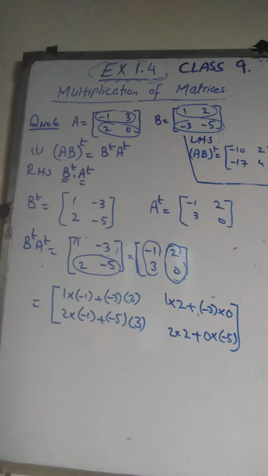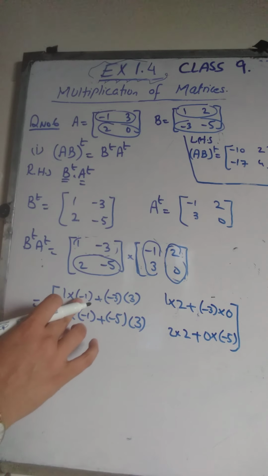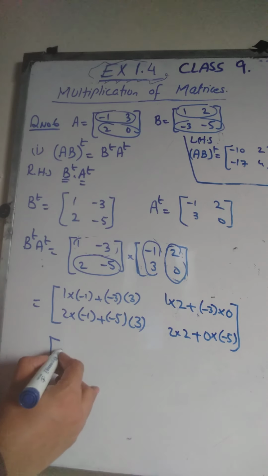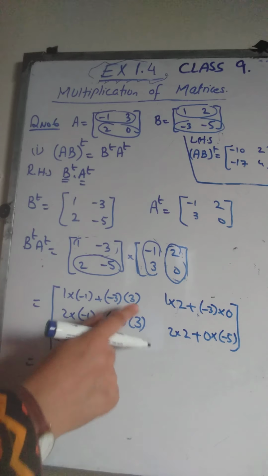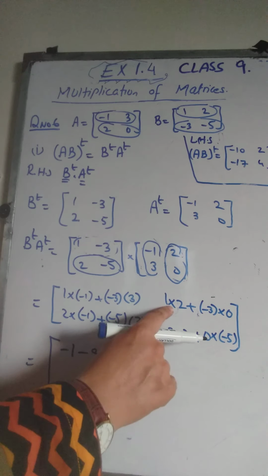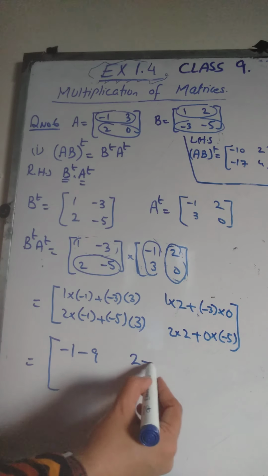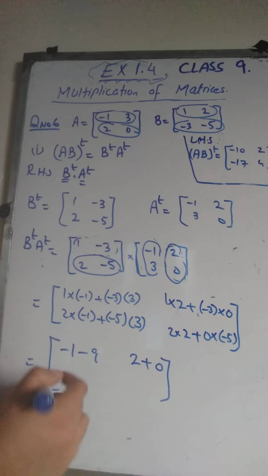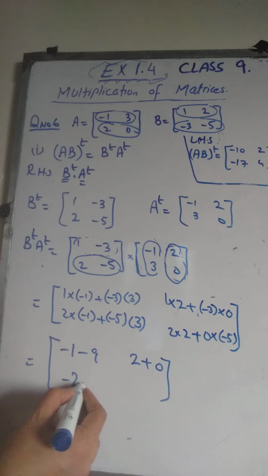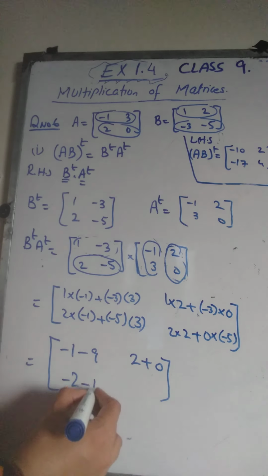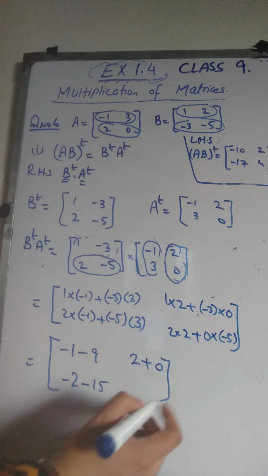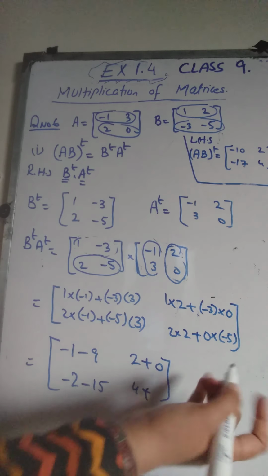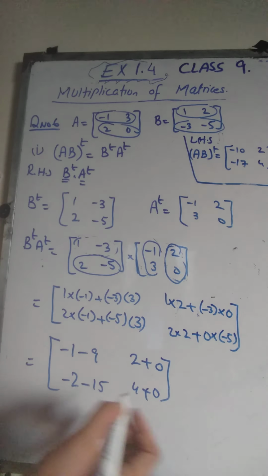Okay, now calculating these products. 1 into -1 will be -1, -3 into 3 is -9, 2 into 1, 2 plus -3 into 0 is 0, 2 into -1 will be -2, and -5 into 3 will be -15, 2 into 2, 4, plus 0 into -5 will be 0.